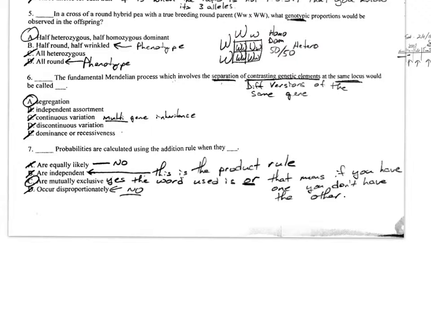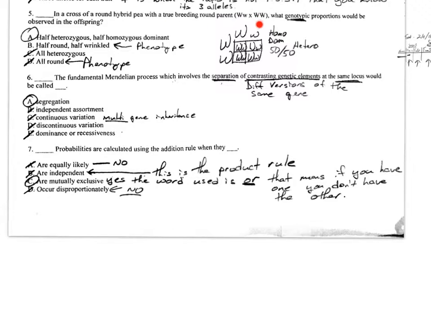So when I saw this, and they asked what genotypic proportions would be observed in the offspring, well, that was easy, right? I just took this one, did a Punnett square. You have to figure out which one of these is round. Is it big W that's round, or is it little w that's round? You have to know that.